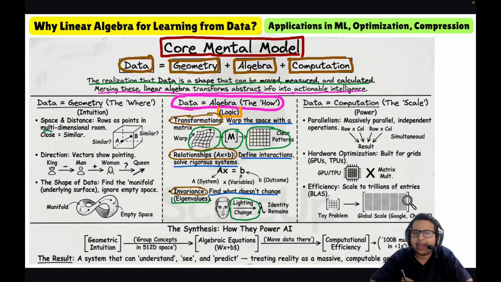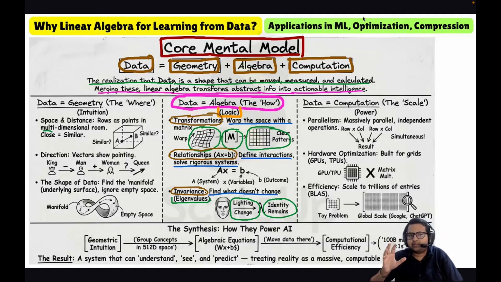There are many patterns, many features which will remain identical. That is what invariance is. And algebra helps us find those features which remain invariant, which do not change. That's the power of algebra. Data is equals to algebra.